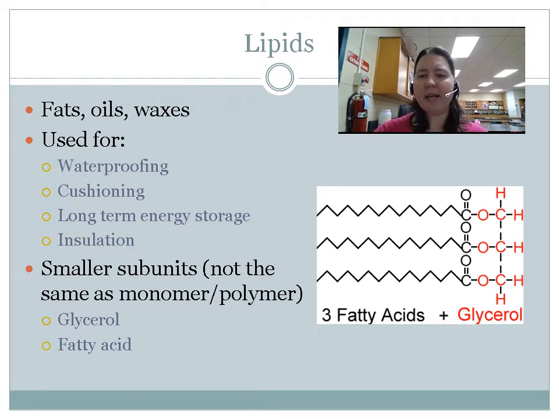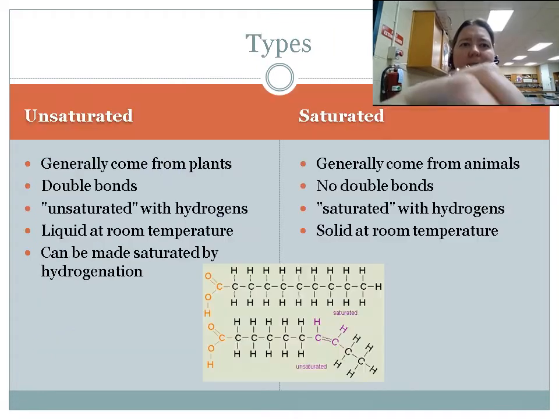There are three fatty acids, 1, 2, 3, that actually attach to that glycerol backbone, and that's the basis of a triglyceride. So if you ever hear your parents or doctors or anything talking about triglycerides, that's what they actually look like. And if you have too many of them, yeah, that can be a problem. And we're going to talk a little bit about that.